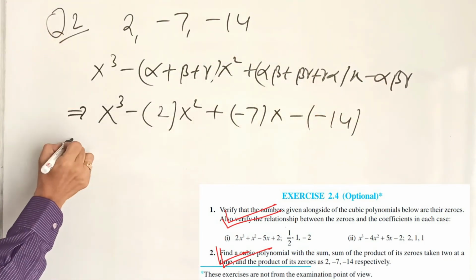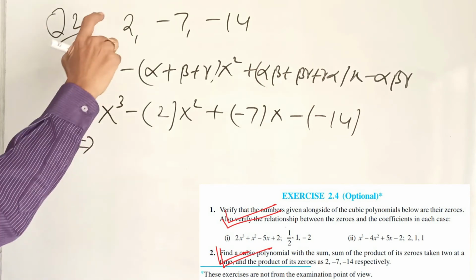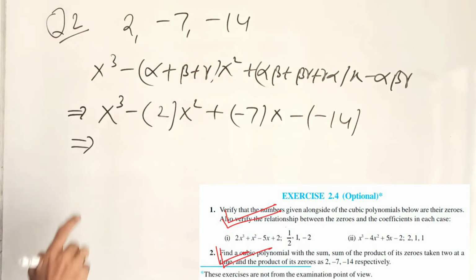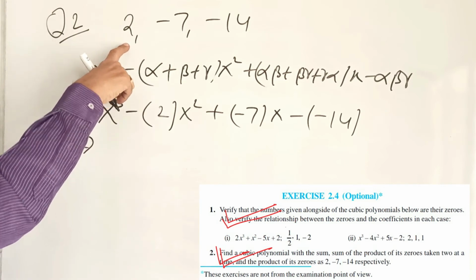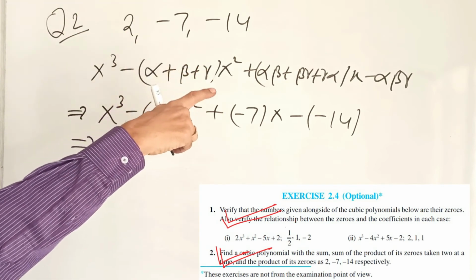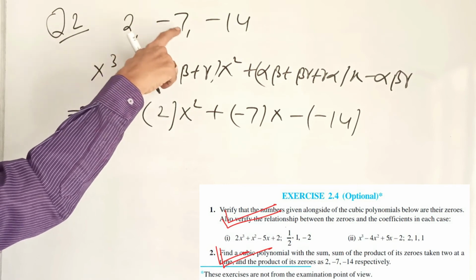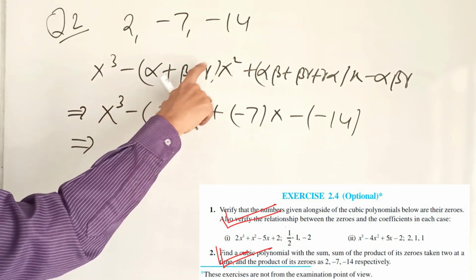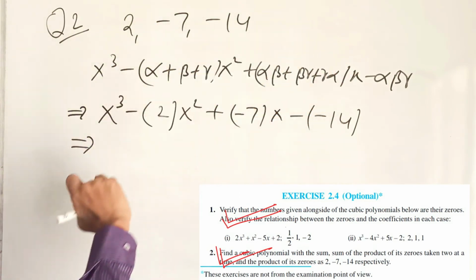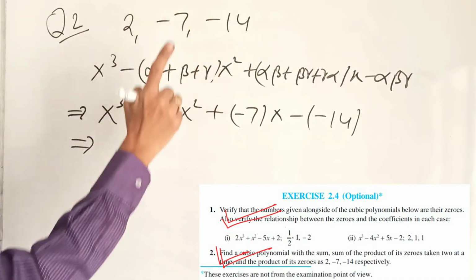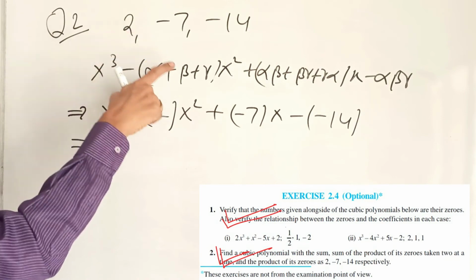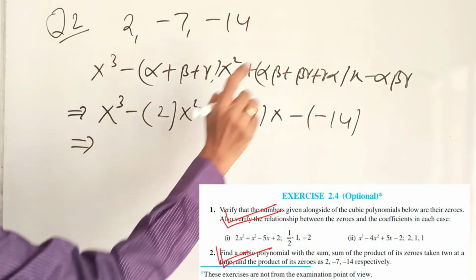But be careful, these are given directly as the sum and products. If individual zeros are given, you have to add and multiply them yourself. But in this question, the sum, the sum of the products and the product are given directly.